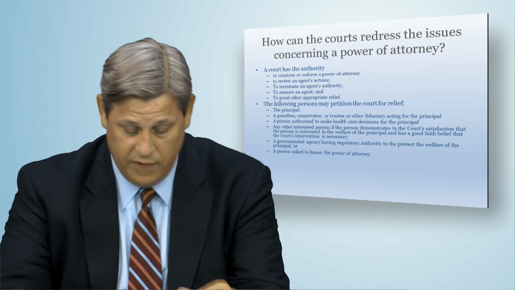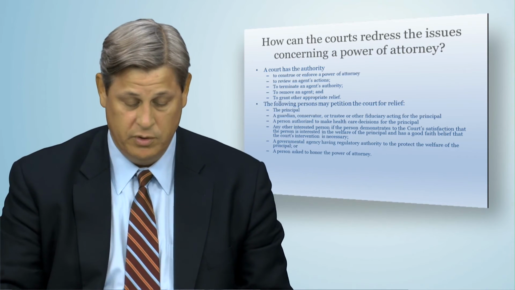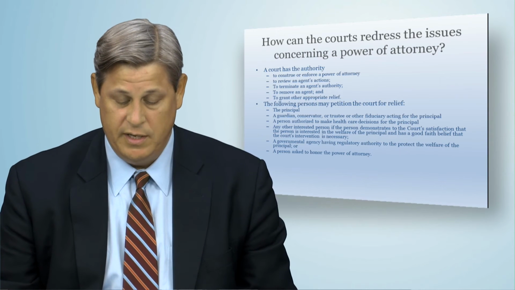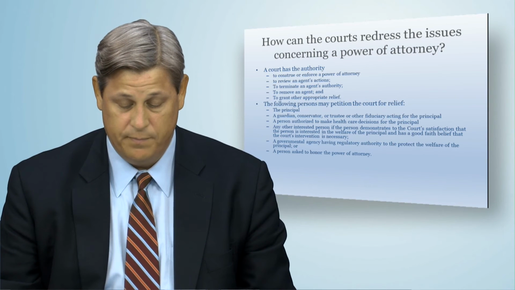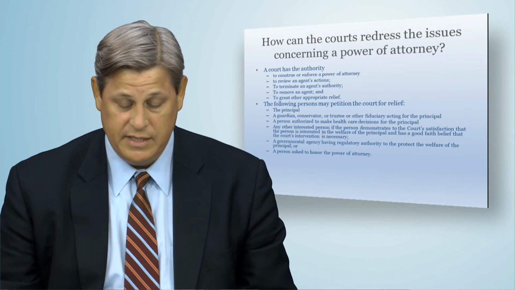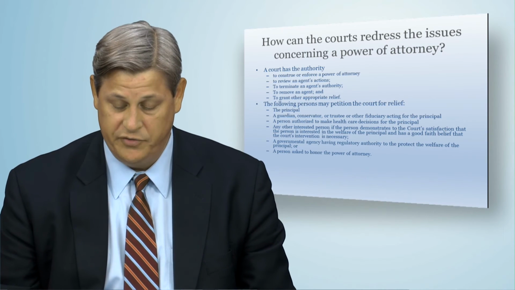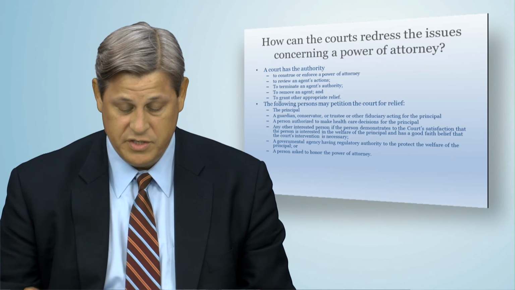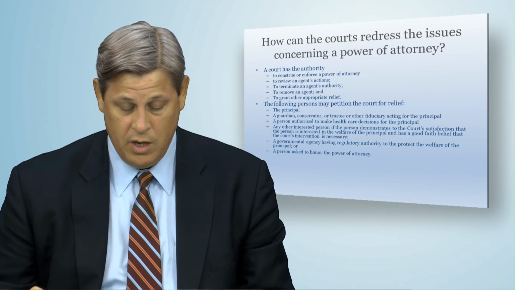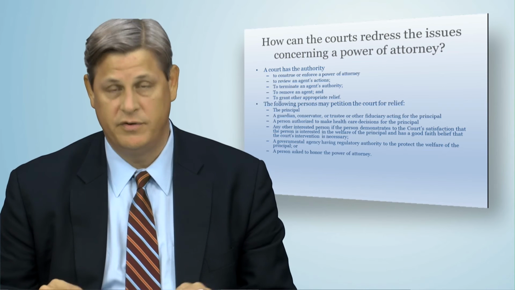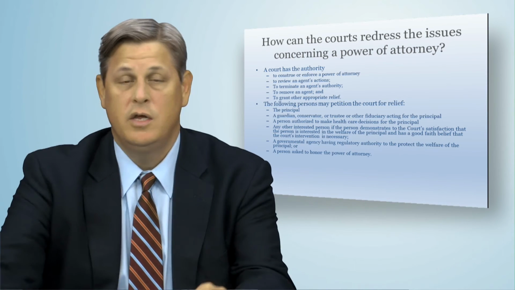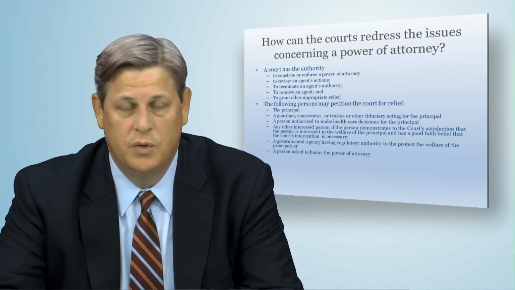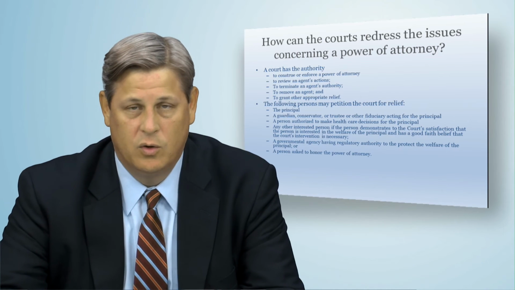A person authorized to make healthcare decisions for the principal, any other interested person, if the person demonstrates to the court's satisfaction that the person is interested in the welfare of the principal and has a good faith belief that the intervention is necessary, a governmental agency having regulatory authority, or a person asked to honor the power of attorney may all ask the court to review, construe, and to act according to the power of attorney.